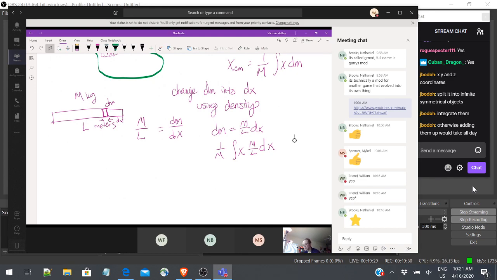I don't want to spend a huge amount of time on this. This is example 12.2 in the book, if you want to look at it. I don't think we're going to ask you to do this. Okay. All right. All good. Okay.